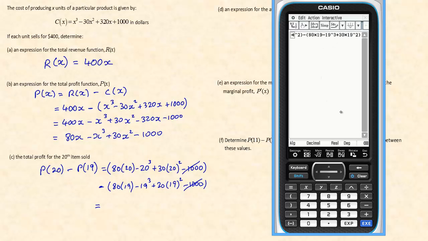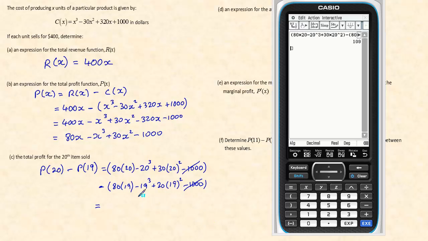Just check the calculation. Yep. And that gives me $109.